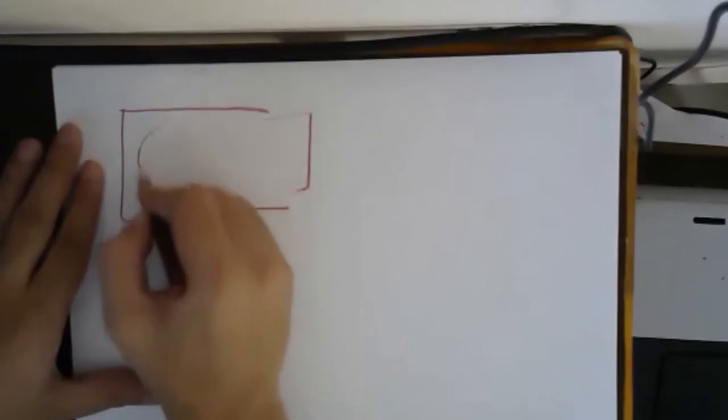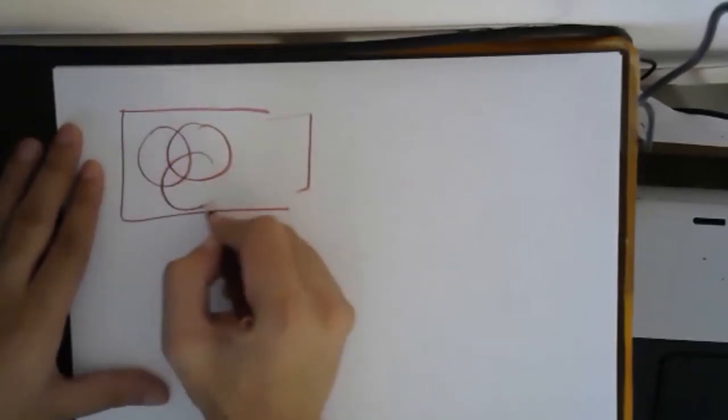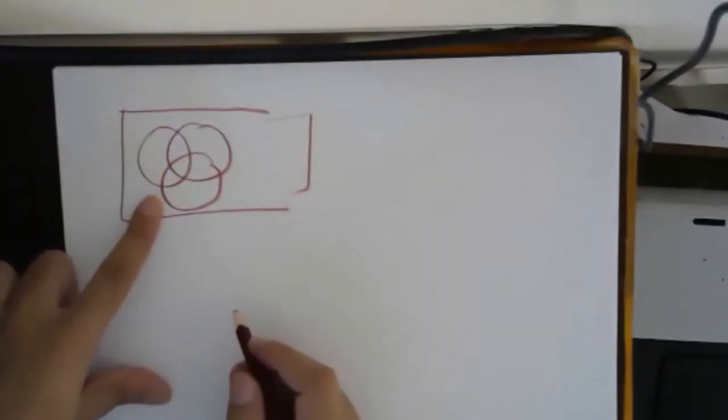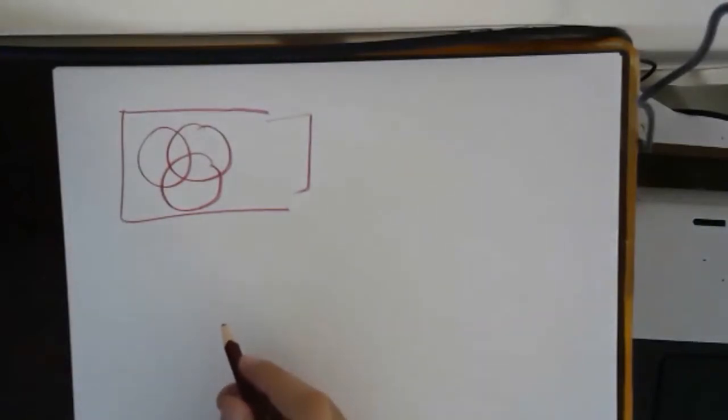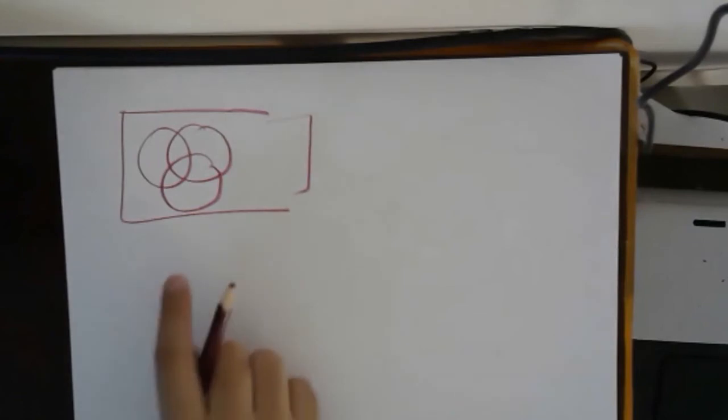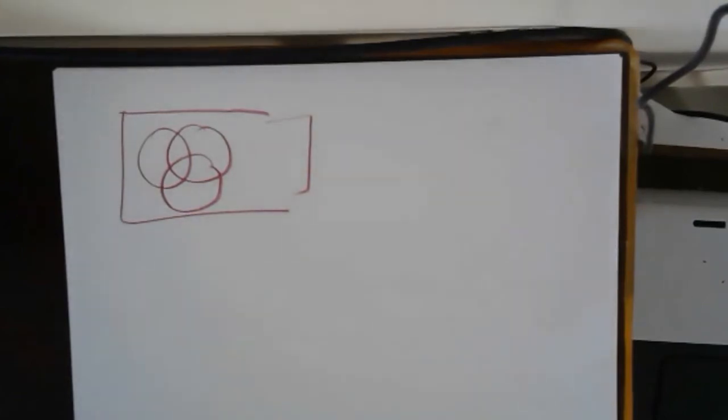I told you that we will be doing sets containing 3, universal set containing 3, something like this, right? I think I have done this or not in the last class. Okay, fine.